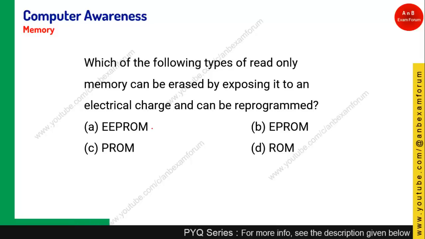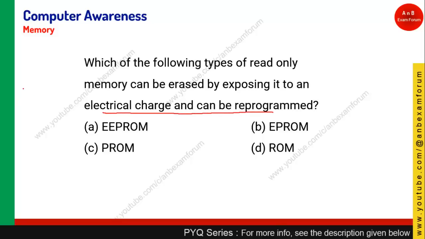Coming to the next, which of the following types of read-only memory can be erased by exposing it to electrical charge and can be reprogrammed? Okay, students, there are two types of memory: primary memory and secondary memory. And in primary, there are certain other memories as well, like ROM, RAM. What is ROM?